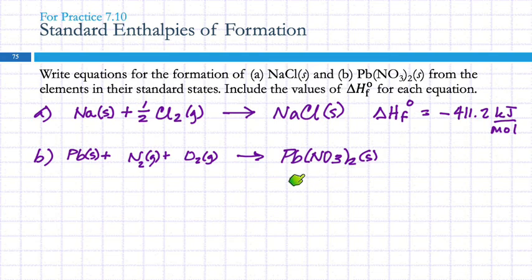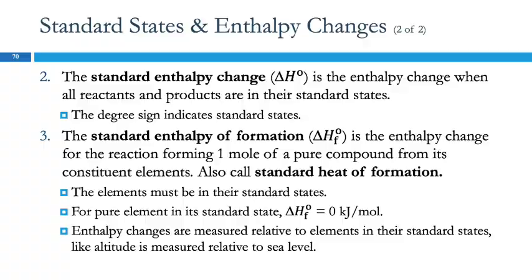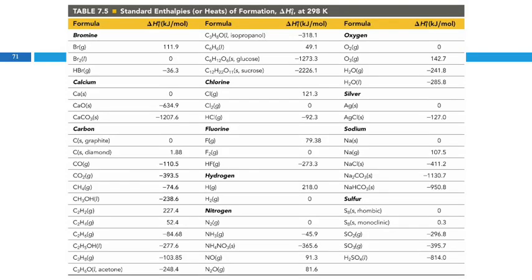How many nitrogens are in this formula? 2, right? So I've got 2 nitrogens over there. That's good. How many oxygens are in the formula? 6. So I need to put a 3 in front of O2 to make it balanced. And then I have to look up delta H, which I'm pretty sure, if I remember correctly, is not in the table. Yeah, lead's not in there.